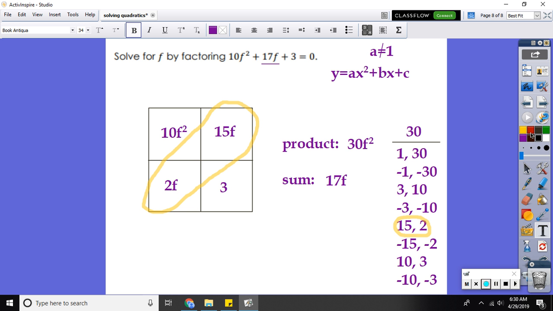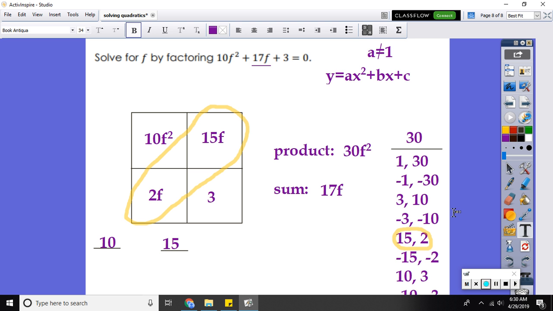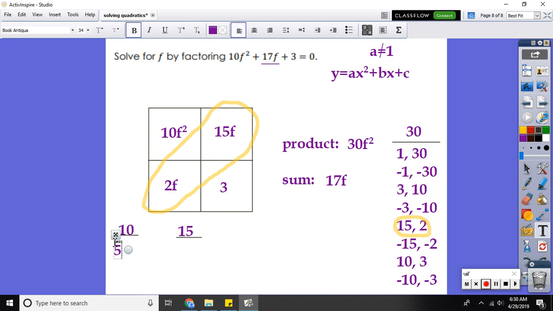And if you're a visual person like me, you may want to make a list of those factors off to the side. So 10's factors and 15's factors, just to get a list that you can look at to figure that out. The factors of 10 are 5 and 2, 10 and 1. 15's factors are 5 and 3, 15 and 1.